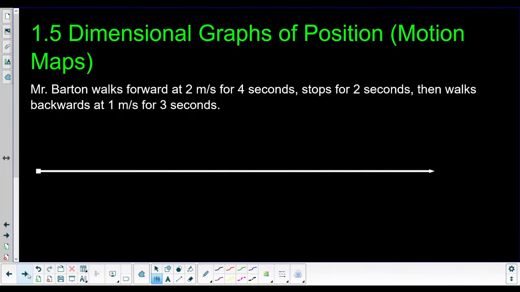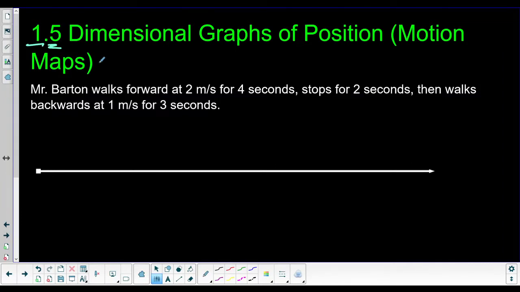So we're going to go ahead and look at, I was going to call these one-dimensional graphs, but my pen's all goofed. Hold on. I apologize. Let me get this all set up. There we go. Okay. I was going to call these one-dimensional graphs, but I realized that sometimes I need an extra half a dimension just to make sure that we can read the graph clearly.